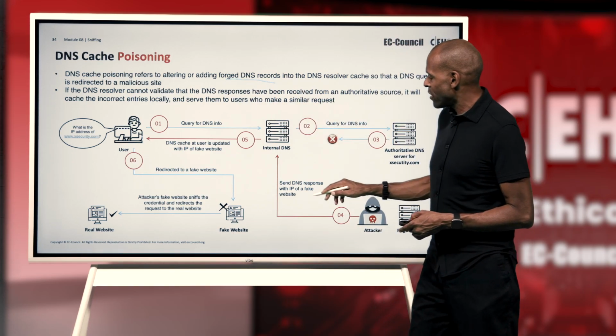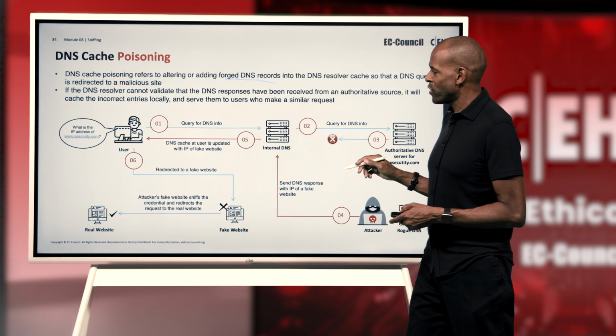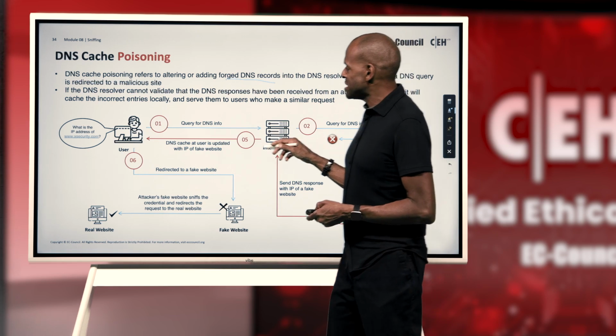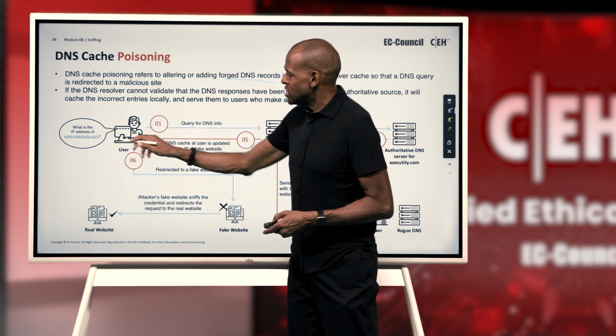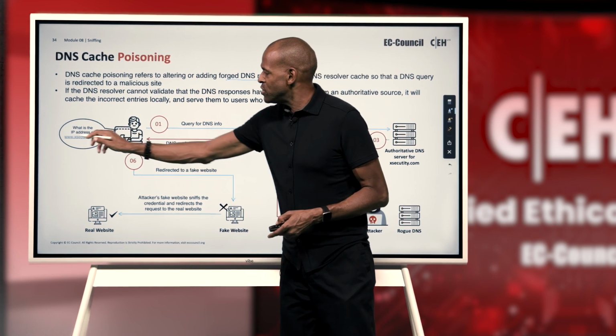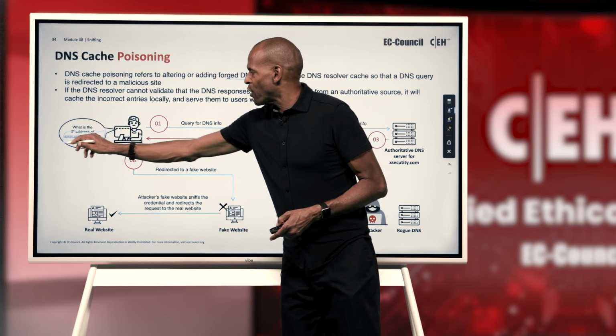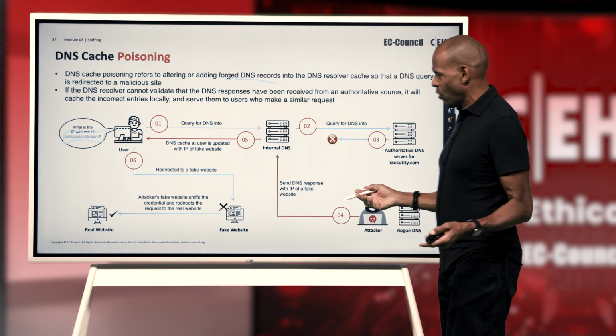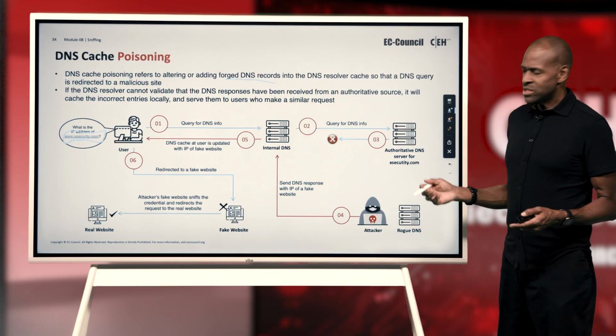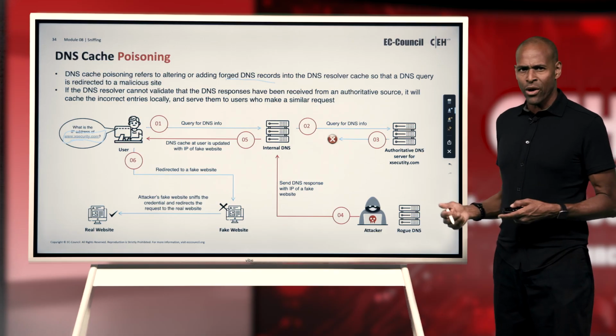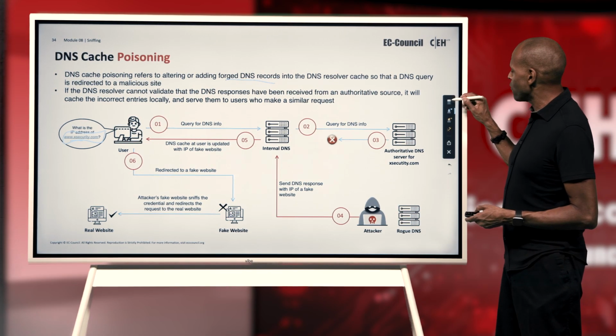And so the attacker sends back that forged response. The DNS cache of the user is now updated. So every time they go to the IP address for this site, it's going to always take them to the fake website as long as that record is renewed or not removed.